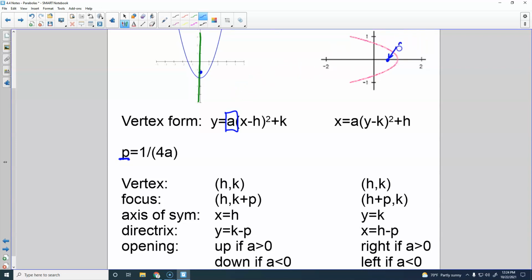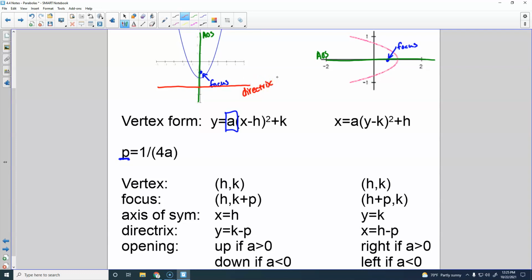I guess I should label this focus. This is our focus. These green lines right here would be our axis of symmetry. I'm going to do AOS for that. And then we're going to have what we call a directrix. The directrix is going to be a line outside of the parabola. So this is the directrix.